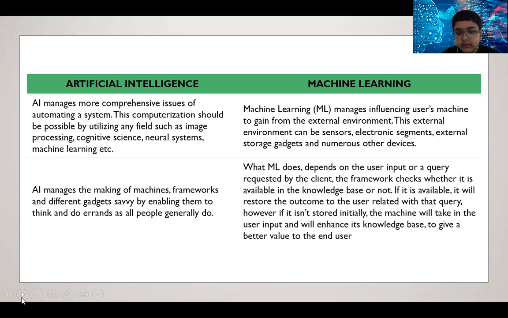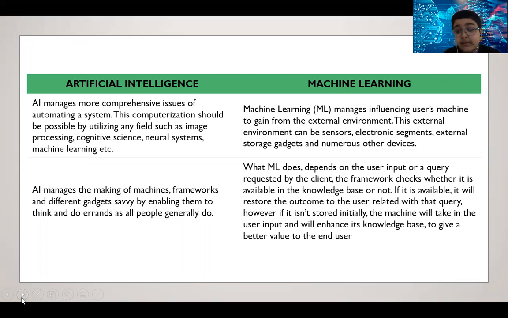What ML does depends on the user input or a query requested by the client. The framework checks whether it is available in the knowledge base or not. If it is available, it will restore the outcome to the user related with the query.